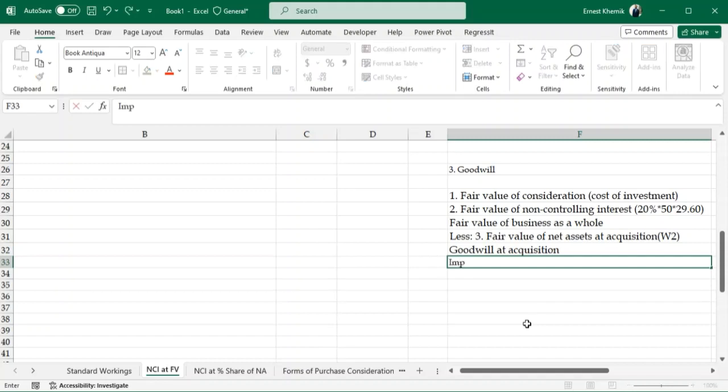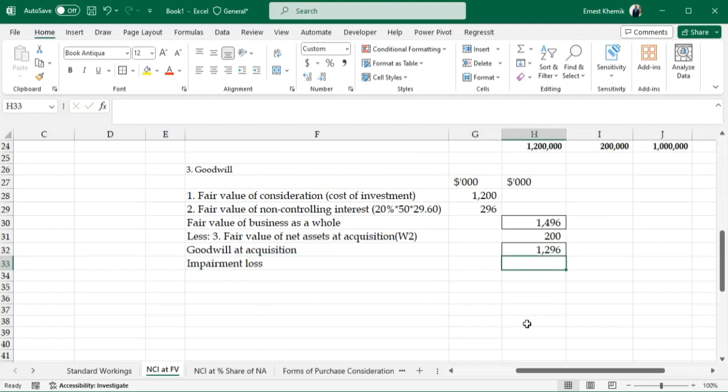So we'll have impairment, and that is 200,000.